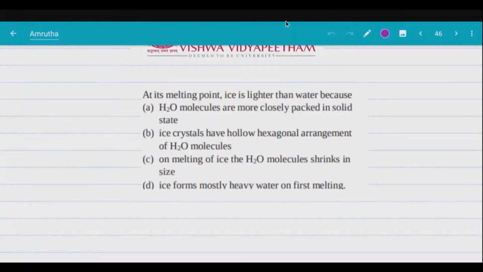At its melting point, ice is lighter than water. What is the reason? I'm getting different answers here. Read the options carefully.